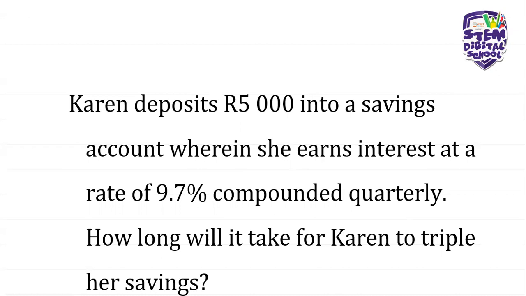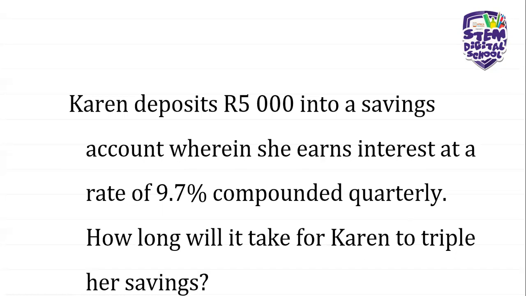You see, the difference between this and the first one is that in this case, we are told that a deposit of 5,000 rand is made into a savings account which earns an interest of 9.7% compounded quarterly. Now, the question, which is very clear here, is how long will it take for this investment to triple?